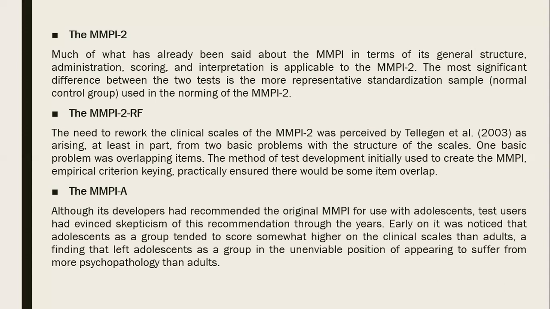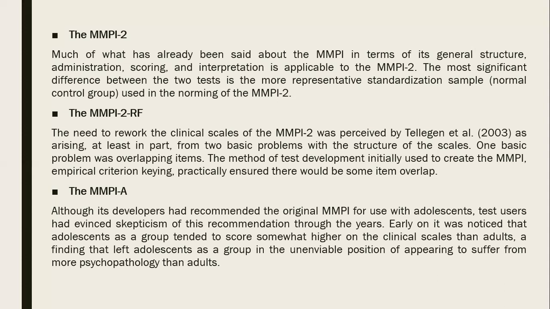MMPI-A: although its developers had recommended the original MMPI for use with adolescents, test users had evinced skepticism of this recommendation through the years. Early on, it was noticed that adolescents as a group tended to score somewhat higher on the clinical scales than adults, a finding that left adolescents as a group in an unenviable position of appearing to suffer from more psychopathology than adults.